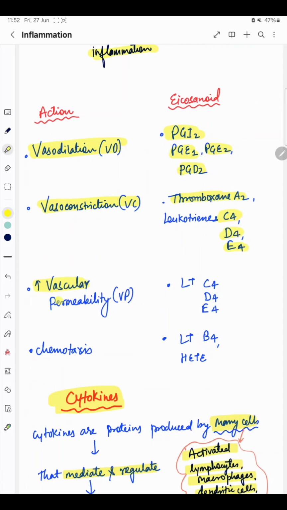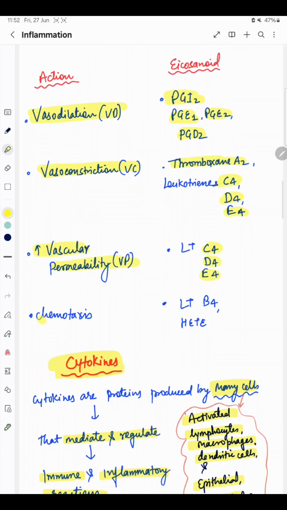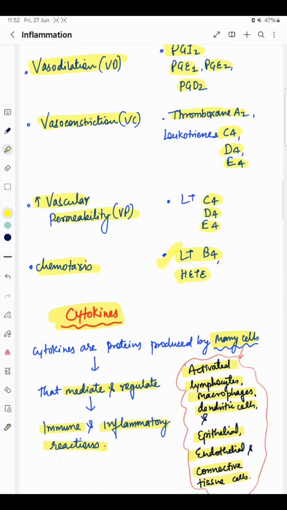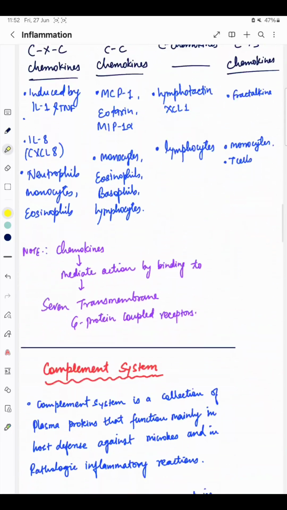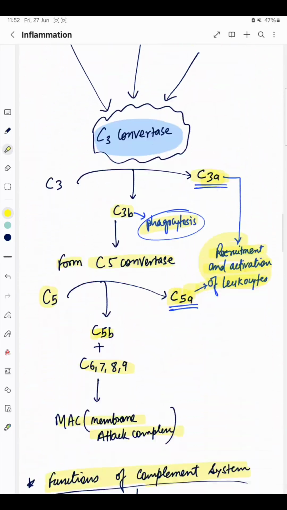Increased vascular permeability, leukotriene C4, D4, E4. Chemotaxis, leukotriene B4 and hydroxyicosatetraenoic acid. Cytokines, chemokines and complement we will discuss in a separate lecture. In this lecture we will discuss some remaining inflammatory mediators.